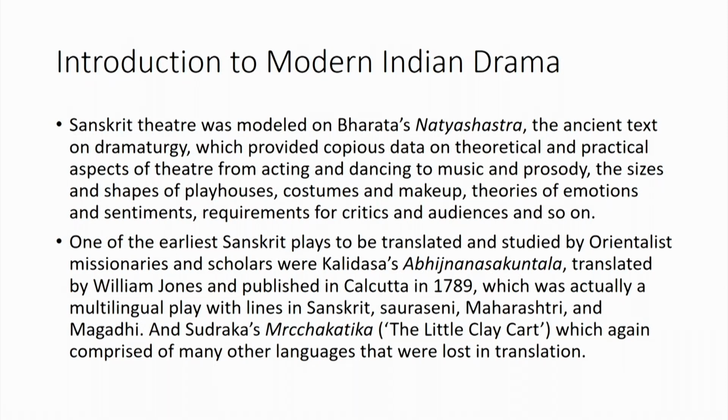And in the process of translating and disseminating these texts, the fact that there were many other languages spoken by women and the subordinate male characters of the play, like Shauraseni, Maharashtri and Magadhi, were completely forgotten and overlooked.